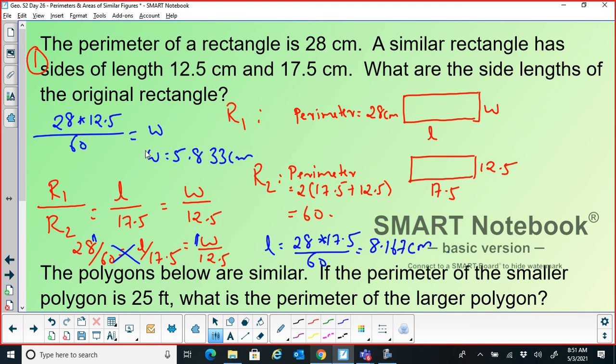So these are my two answers. The width is 5.833 centimeters and the length is 8.167 centimeters.